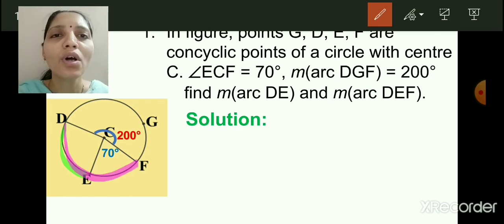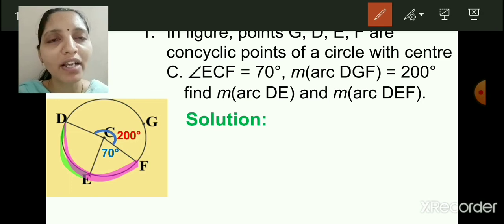If you observe this figure carefully, this angle ECF is a central angle because its vertex lies on the center of the circle. This central angle measure is given to us, that is 70 degree. And this arc EF is the corresponding arc of this central angle, so its measure is also 70 degree.